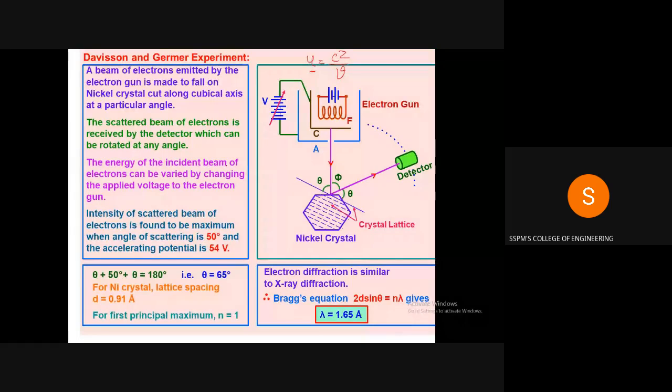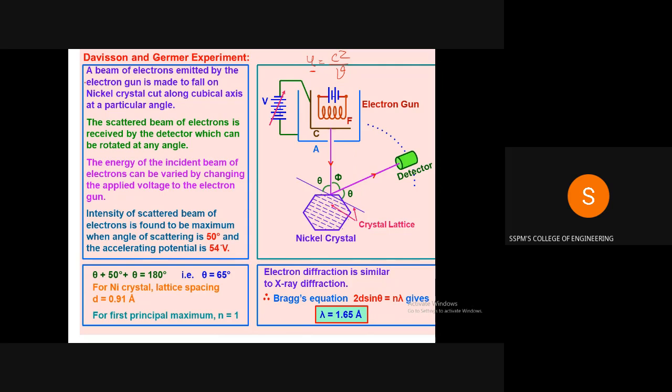The energy of the incident beam of electrons can be varied by changing the applied voltage between this cathode and anode. Then the intensity of the scattered beam of electrons is found to be maximum when the angle of scattering is 50 degrees and the accelerating potential is 54 volts. Okay, this is the condition at which maximum diffraction, maximum scattering is observed.